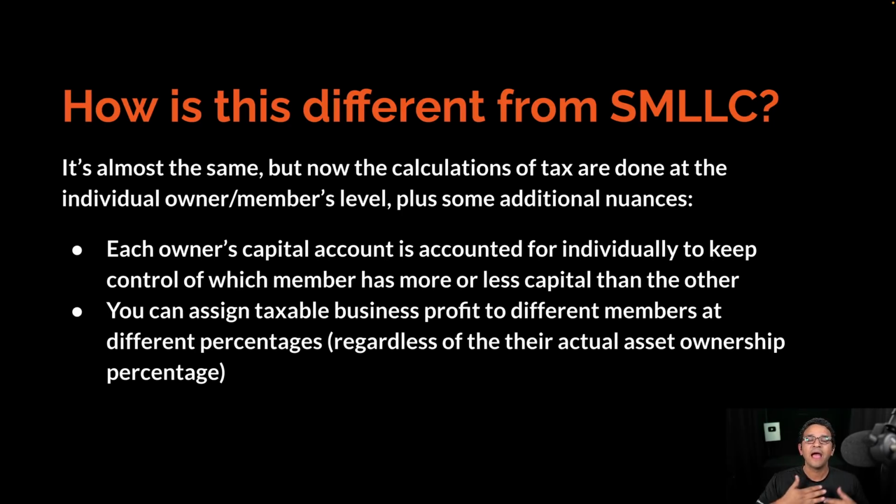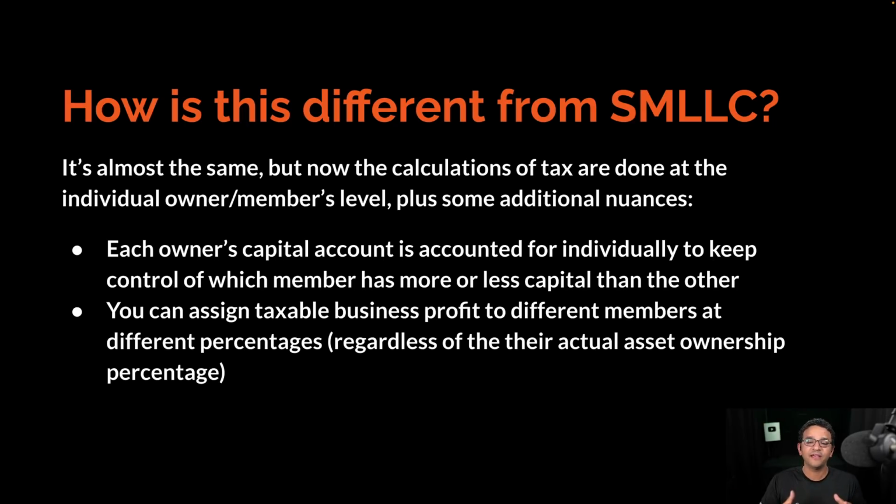So for example, I could be a 50-50 owner with my best friend of an LLC, but we can have an agreement that I'm going to take 100% of the taxability of the income of the business. So my friend that owns the LLC as well owns half the business, but takes none of the taxable income.